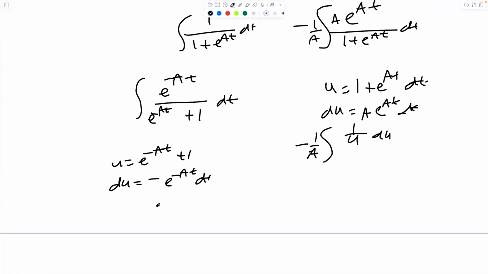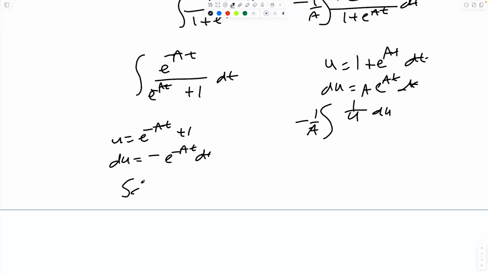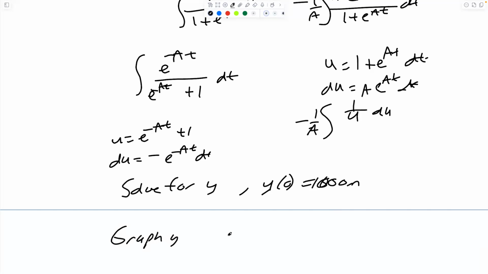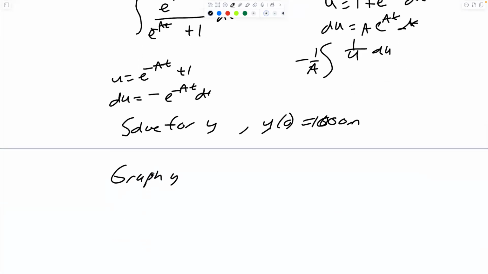Okay, so you're going to solve for y. Again, use y of 0 equals 1,000 meters. You're going to graph y and then find when we hit the ground, when y equals 0, and then figure out what the speed is at that time.